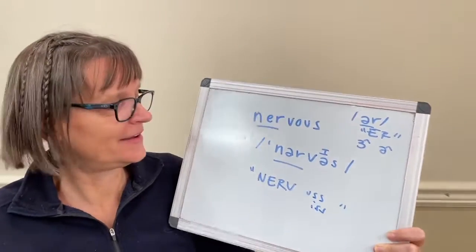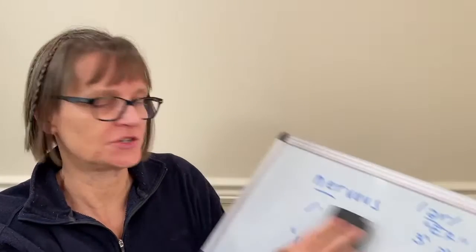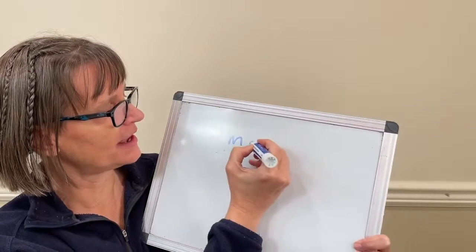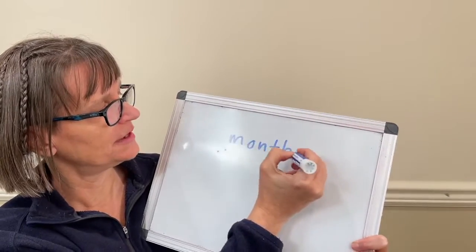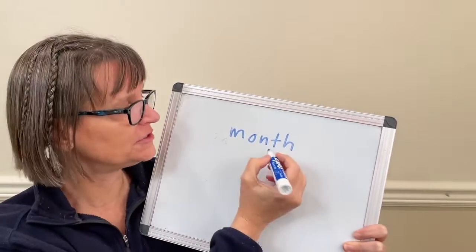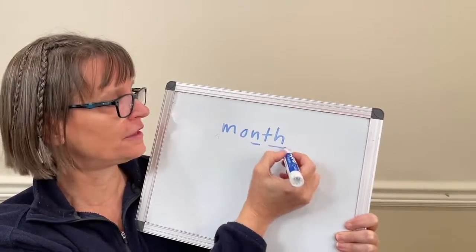Okay, and then I see we have a question about the word month and months. Yeah, so this is a good question. I do have a video talking about these words. So when we have month, we do say the n and the th sounds.